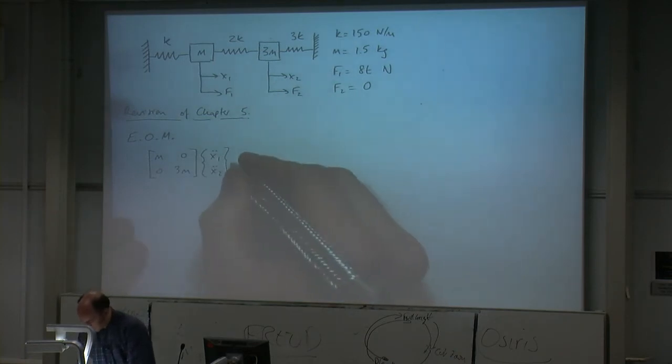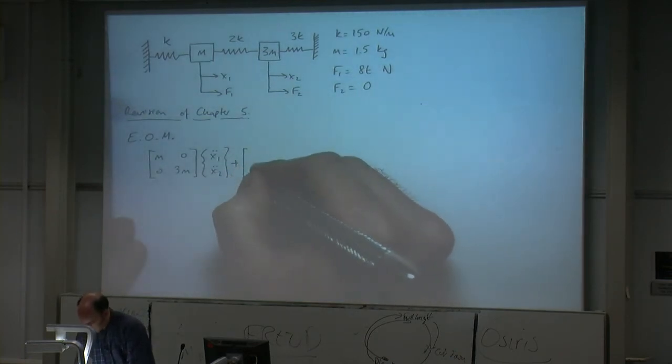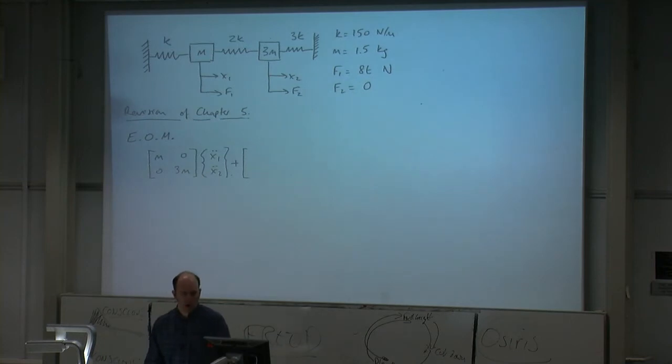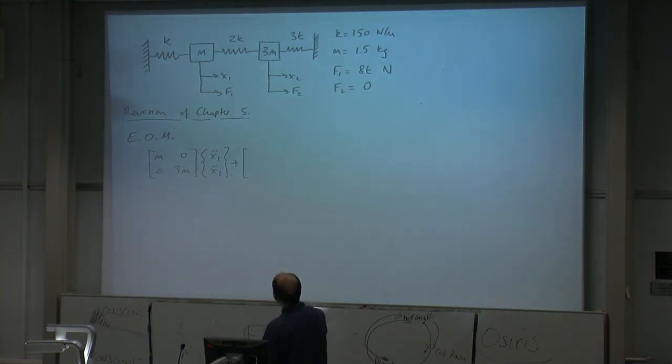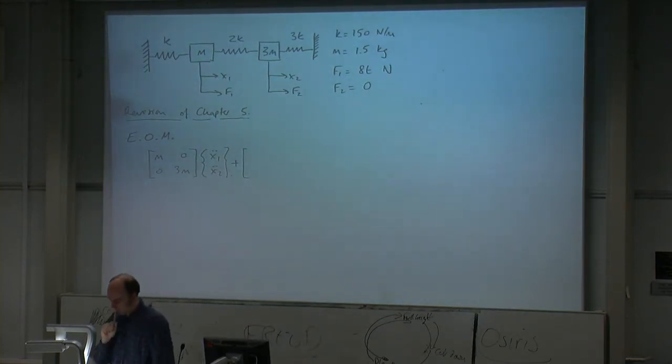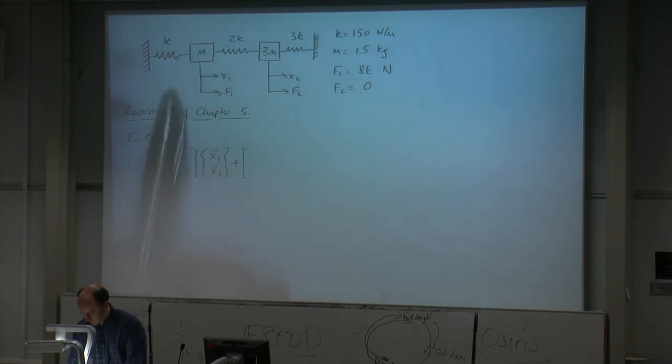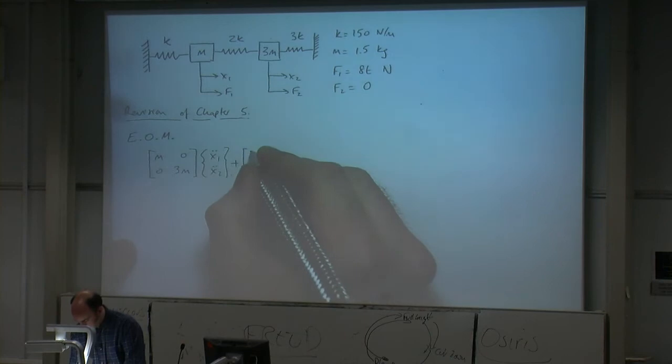And then we have plus, there's no damping in this situation, so we can go straight to the stiffness. And the quick method states that the diagonals of the stiffness matrix are the stiffnesses connecting each mass to ground or to another mass. So for the first mass, we can see that we've got k plus 2k, so that's going to be 3k here.